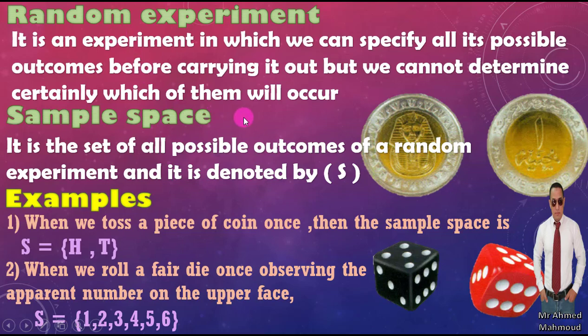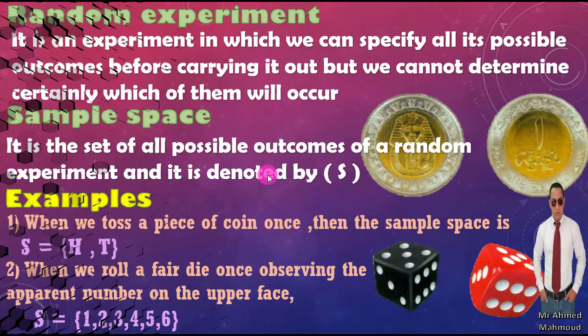Also, the theoretical probability and the experimental probability are not asked in the exam, but it's important to understand the difference between experimental probability, which depends on an experiment and collecting the data inside a table, and the theoretical probability which we studied in this lesson.